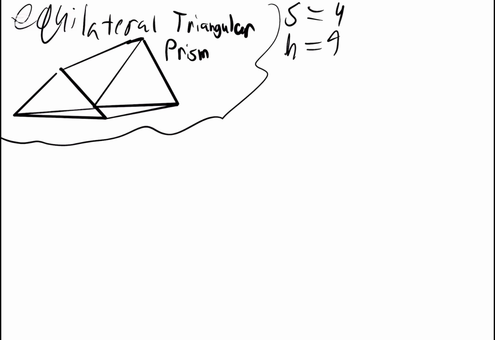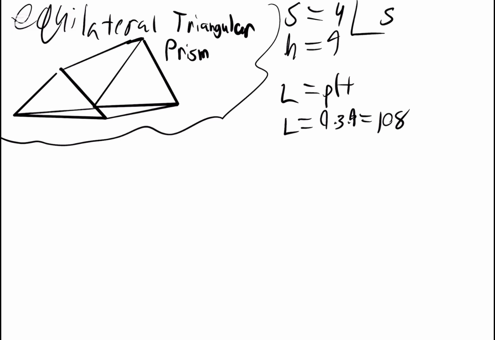So, L equals P H. Using that, we would do L equals 9 times 3 times 9, which would equal 108. Because our formula for surface area would be S equals L plus 2B.